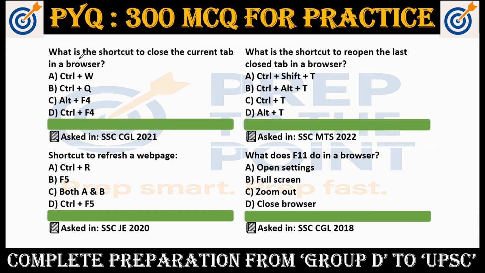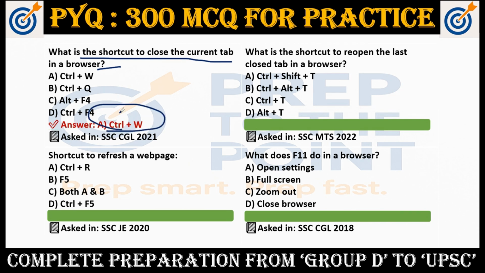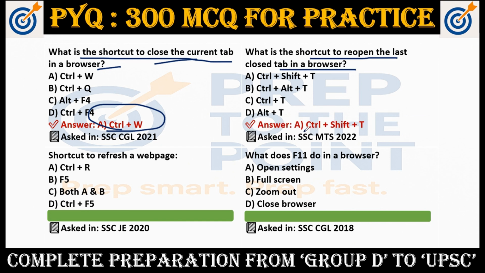What is the shortcut to close the current tab in browser? The correct answer is Control W. Control W to close the current tab. What is the shortcut to reopen the last closed tab in a browser? Control Shift T. Control Shift T is used to reopen the last closed tab.